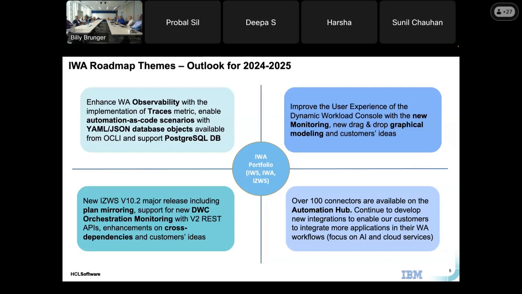Another part of our strategy is always around what we call automation as code, which basically is trying to insert our definitions in your DevOps cycles if you are using DevOps cycles. And now the announcement that we delivered recently is the possibility to use standard formats like YAML and JSON to import-export the definitions of the job streams, jobs, and all this stuff.